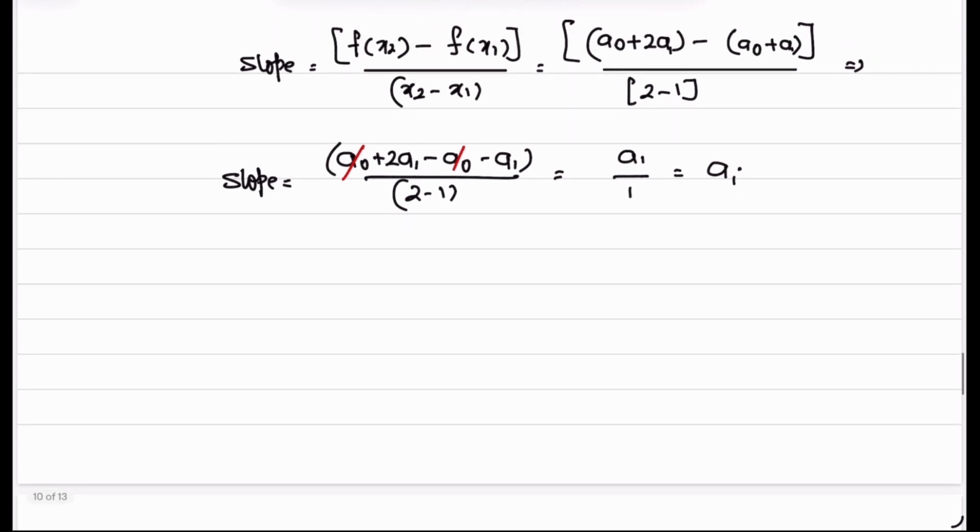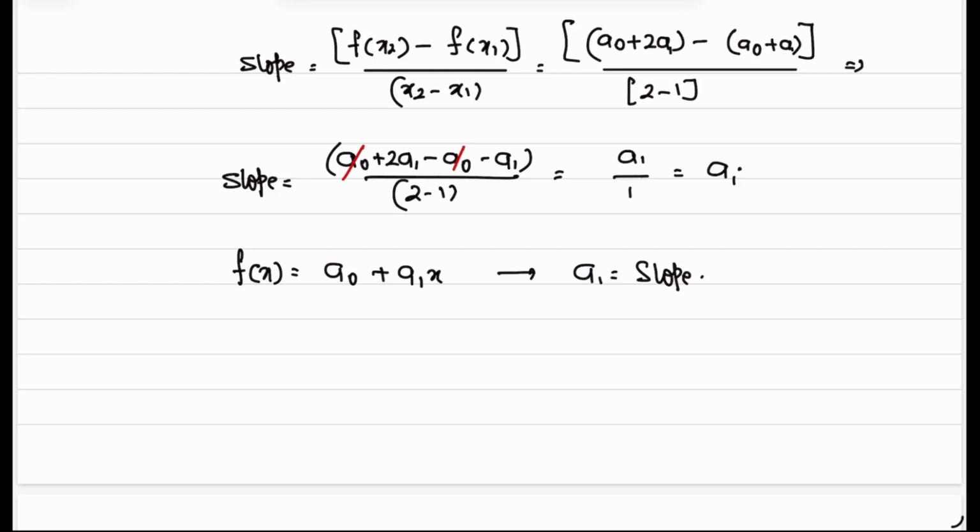In the equation f(x) is equal to a0 plus a1x, a1 is equal to slope, as we have found out in the previous calculation.